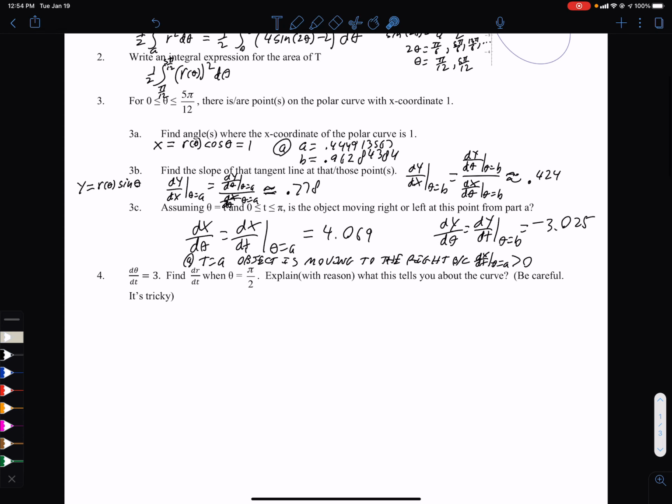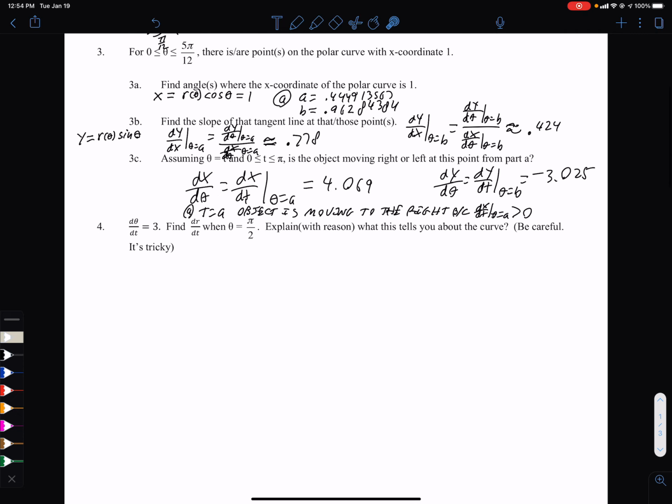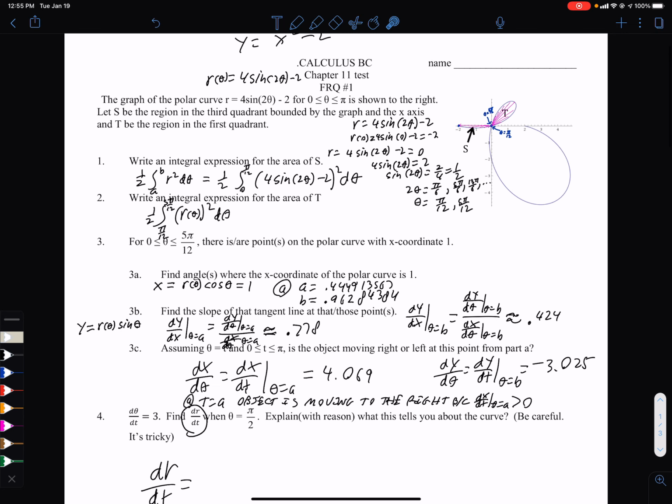All right, number 4. This is the last one. I want to find dr/dt. But I have d theta/dt, and I have r, an r function.